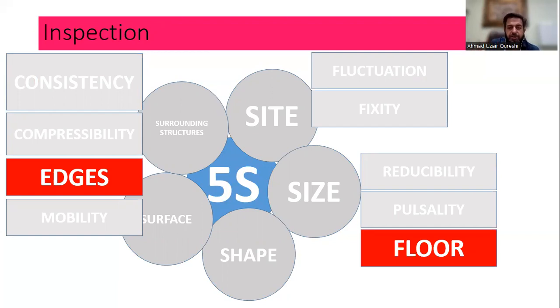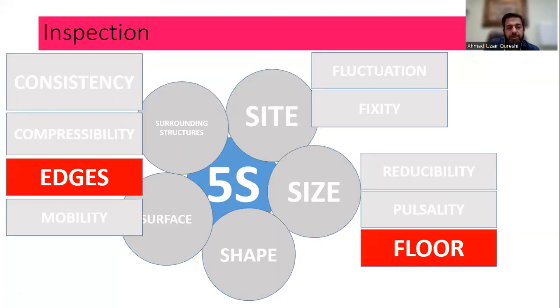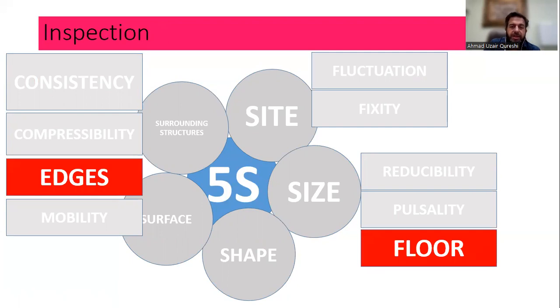You need to assess size, shape, surface, surrounding structures, edges, and margins. The important thing is that for a swelling it is margins, which change into edges for an ulcer. Another change is that you need to add the floor to the examination. Floor and base are two things: floor you can see, base you can palpate.